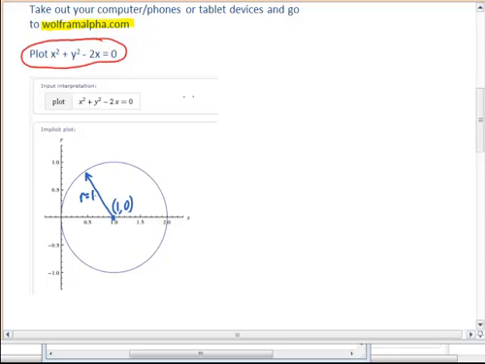Now we all know, if you study conic sections, that this function would have an equation for a circle that would be (x minus 1) squared plus y squared equals 1.